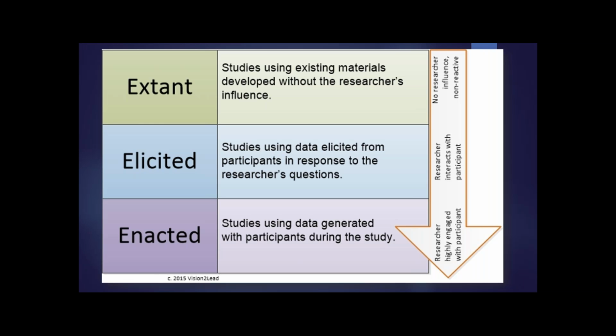So there's a distinction there. In terms of our roles as researchers, we're interacting with people. With the elicited studies, this means we're asking some kind of question or prompting responses in some way.